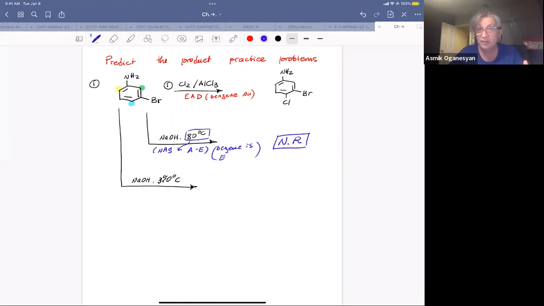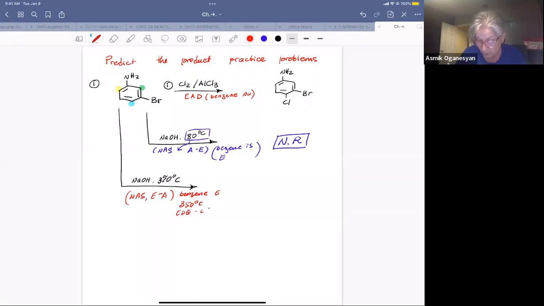Now, if we harsh up the conditions, as we did in the third reaction, the third set of reactions is going to be, again, an NAS reaction. But this time the temperature is pretty high. It's an elimination addition reaction. And again, as we remember, our benzene is an electrophile. Our reaction conditions are pretty harsh, 350 degrees Celsius. We have an electron donating group.